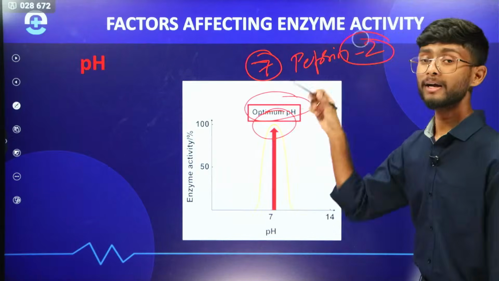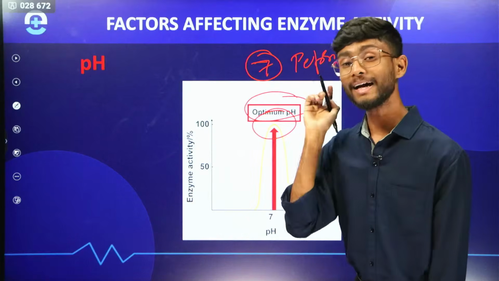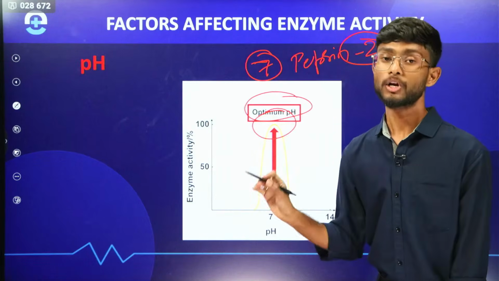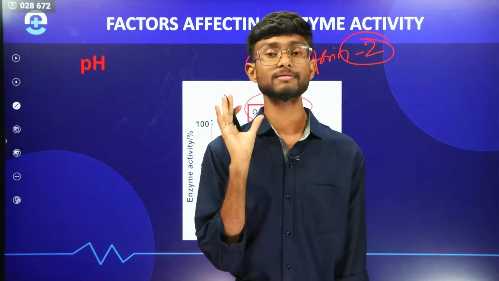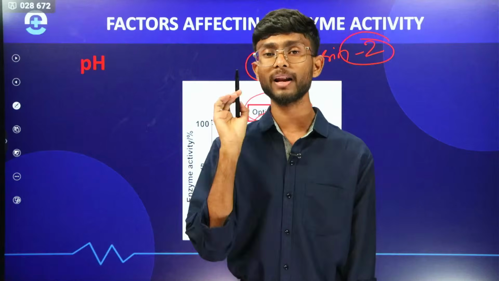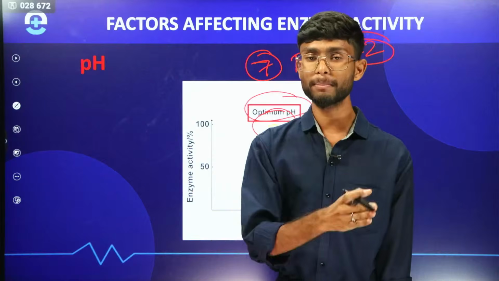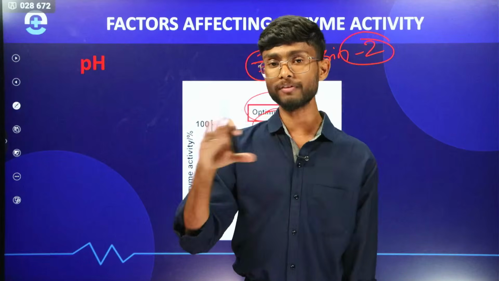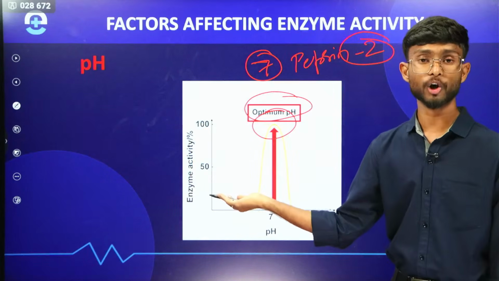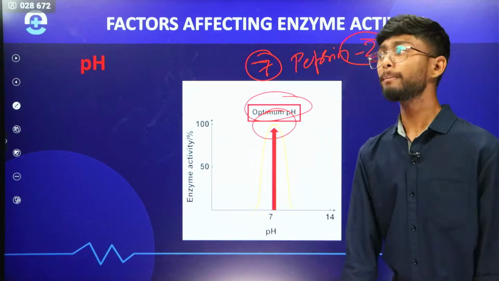Pepsin is acidic, at 2 or 1.8, and only at that particular pH will the enzyme be active. So just remember, different enzymes have different kinetics, for example salivary amylase at pH 7 and 36 degrees Celsius. Above and below that, the enzyme activity will be inactivated or denatured. This is about the pH condition.